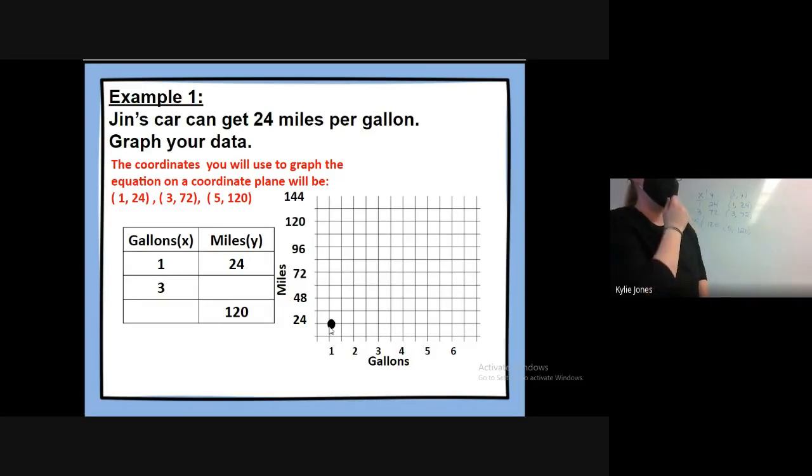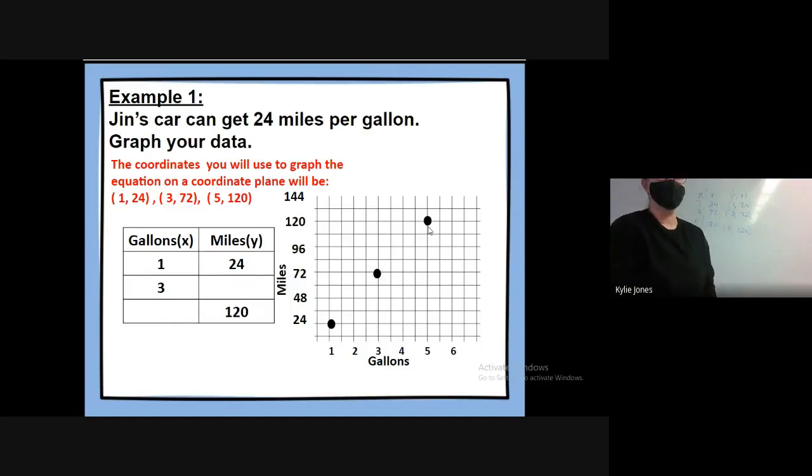We graphed that point. The next one is over 3, up how many? 72. So we would go over 3, up 72. Notice that I skipped the number 2 because we don't have an ordered pair for that. We don't have to graph that one. Our next one was 5, 120. So we would go over 5, up 120, way up there.